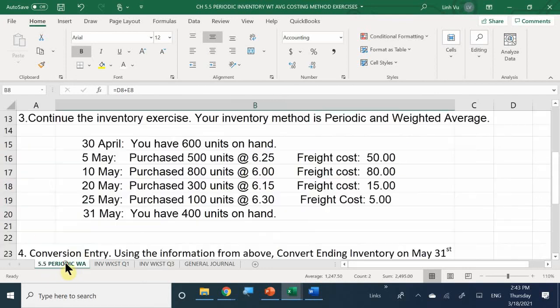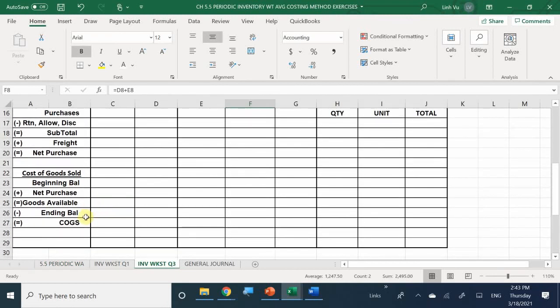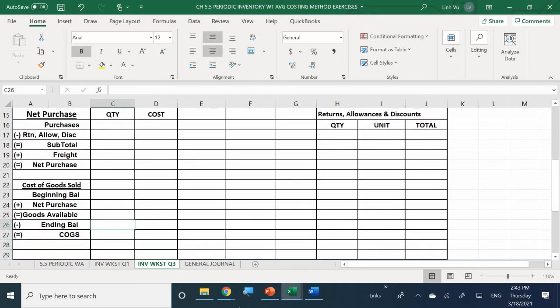All right. Last but not least, what happened on May 31st? We have 400 units on hand. So therefore, we're going to go down to the bottom of our worksheet and make sure that we fill in that the ending balance is going to be 400 units. Okay. So let's plug in our numbers.